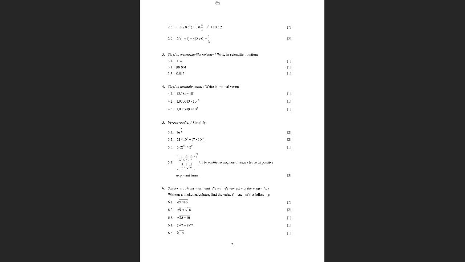So the first one is going to be 3,14 times 10 to the power 2. Any questions there?